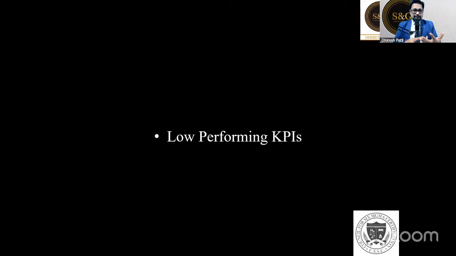Are you understanding? So these are called key performance indicators, the indicators which are basically telling us the performance. Similarly, processes also have key performance indicators, and you can find key performance indicators everywhere.